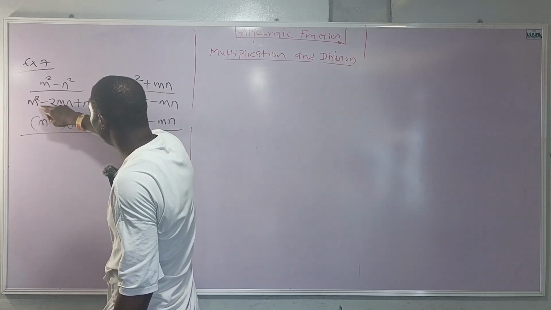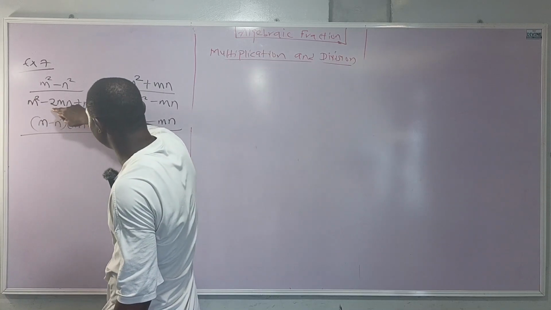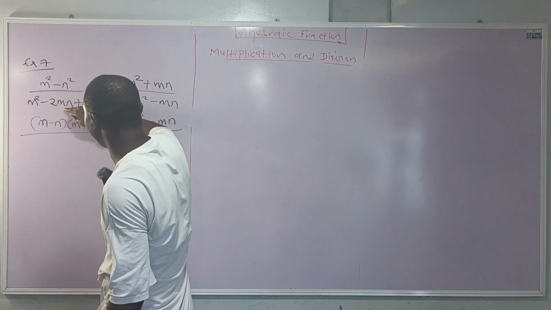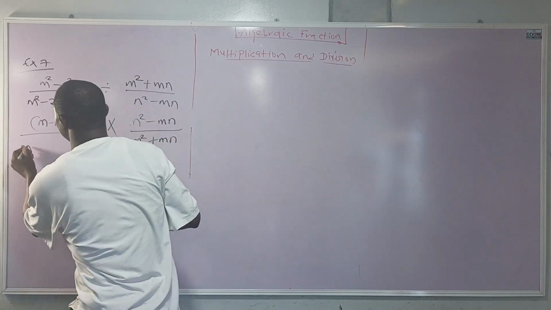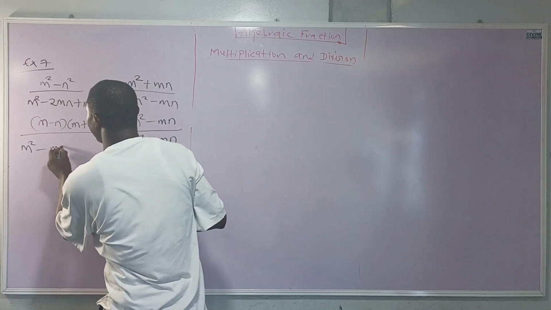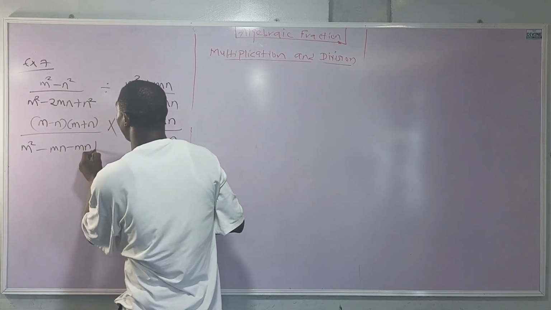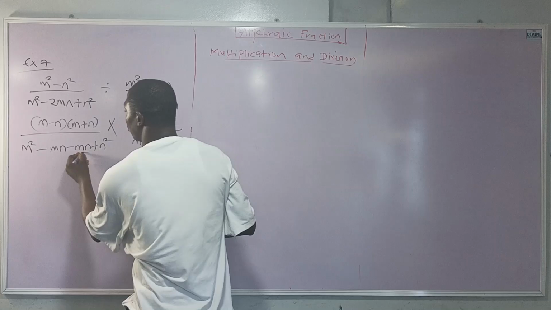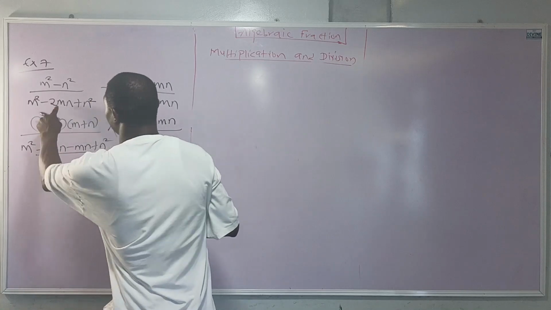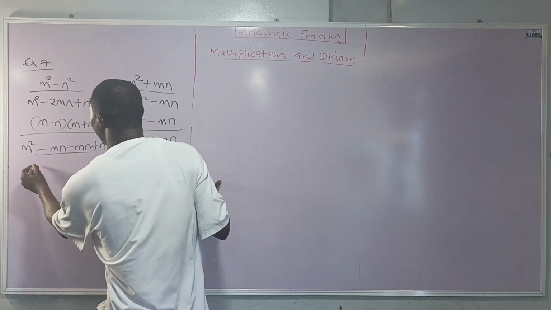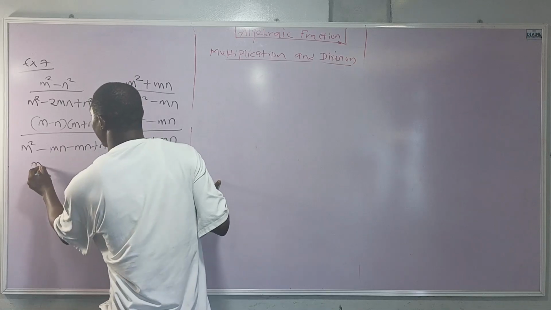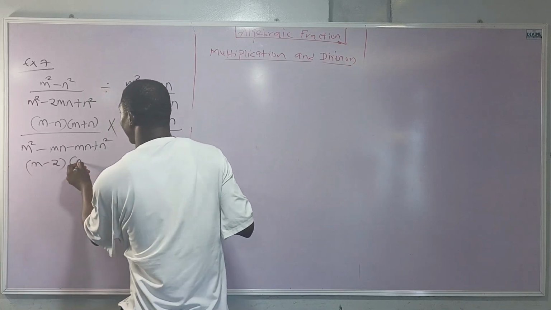So our expression representing minus 2mn should be minus mn minus mn plus n squared. So this is replacing this. So we therefore have m minus n bracket m plus n.